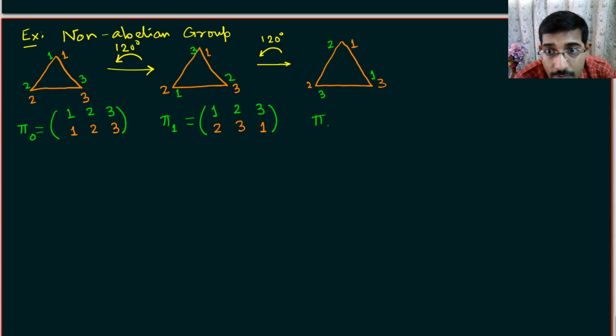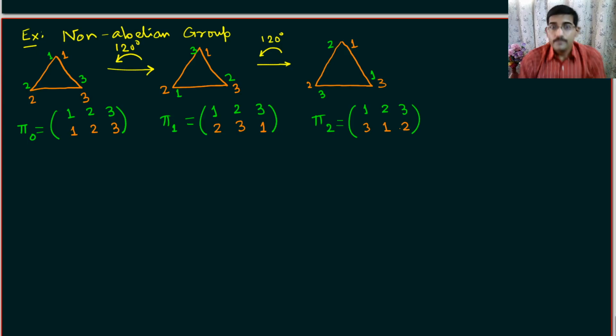So therefore my pi 2 is the points 1, 2, 3 and their respective positions: 1 is at position 3, 2 is at position 1, 3 is at position 2. So this is the rotational aspect that I have given.